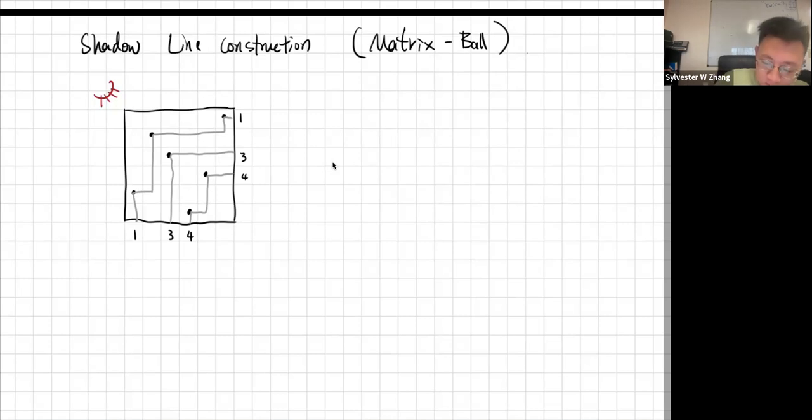And then these shadow lines are going to create new dots, which are going to be at the corners of these things. So now we turn to the next step.